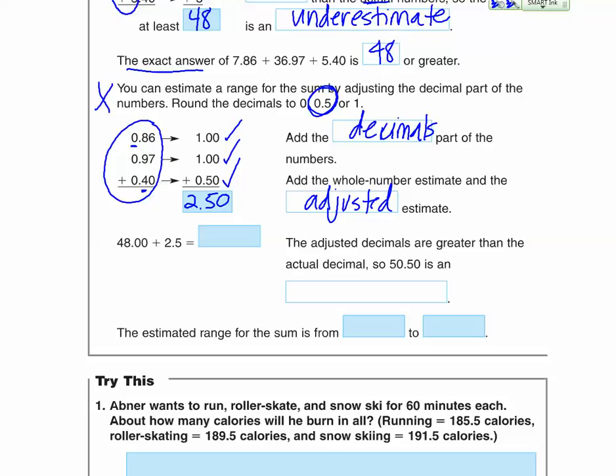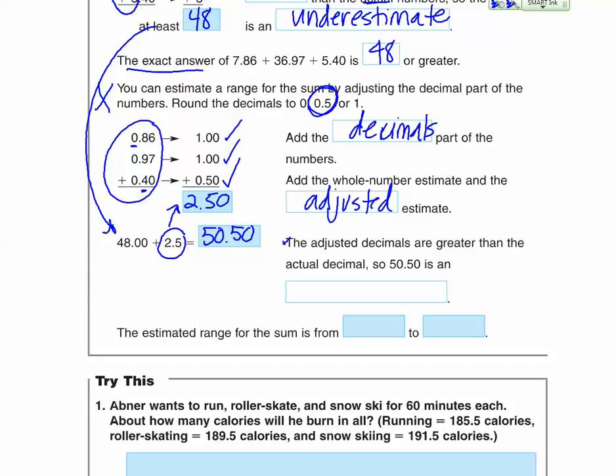So thinking back again, we added up the whole numbers and got 48. And then we are adjusting this by the estimation of just the decimal values. So 48 plus 2 1/2 will give us 50 1/2, or 50 and 50 hundredths. Okay. So the adjusted decimals are greater than the actual decimals.